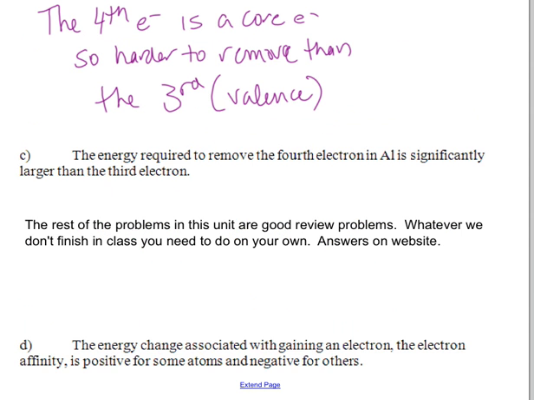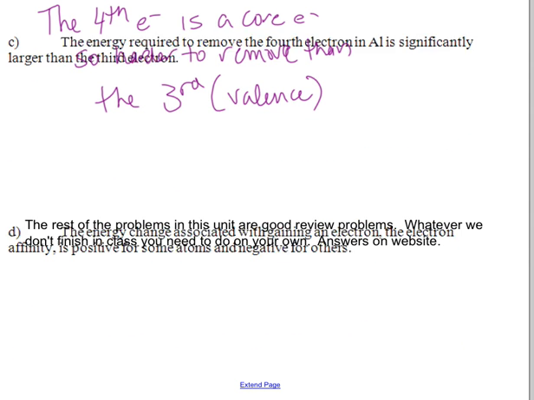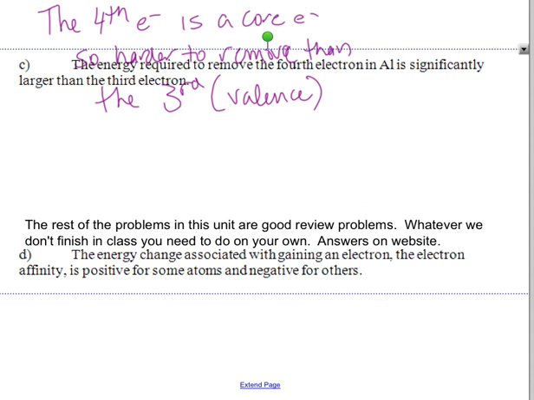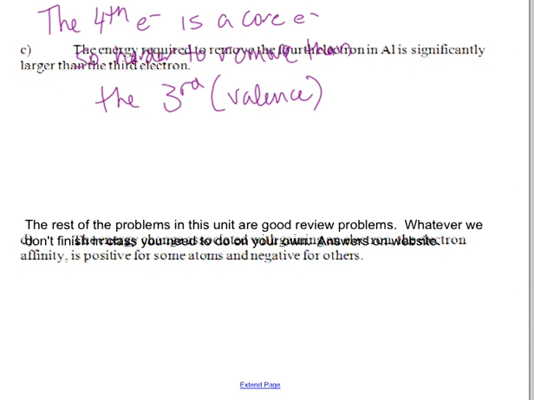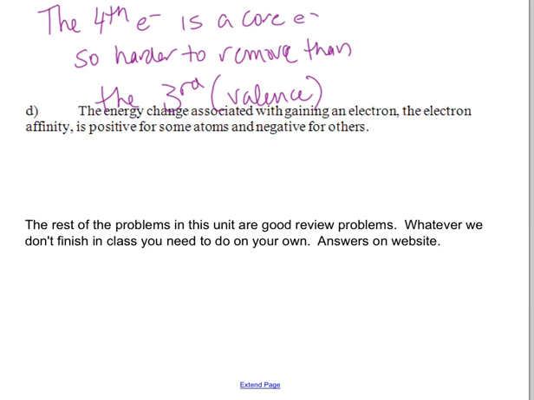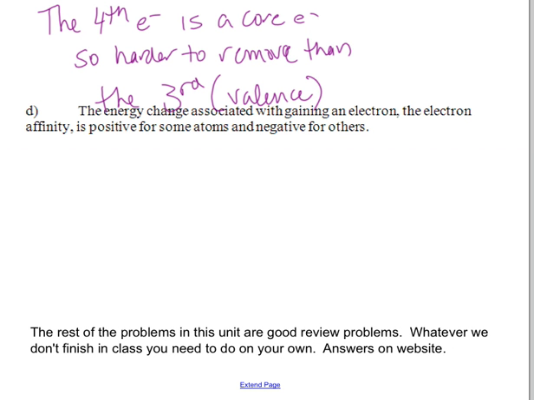All right, this one, you're going to kind of write in your own words. The energy change associated with gaining an electron, the electron affinity, is positive for some atoms and negative for others. What would you say? Some atoms require energy to take an electron.